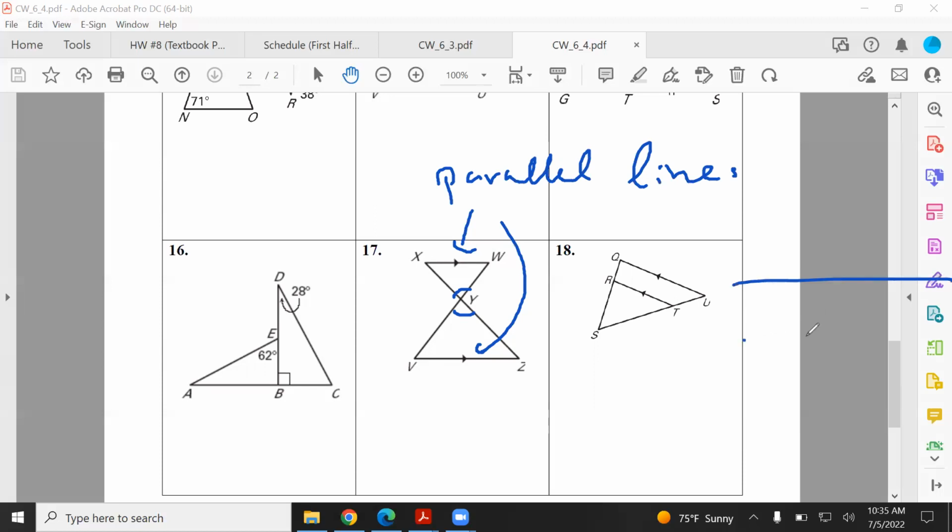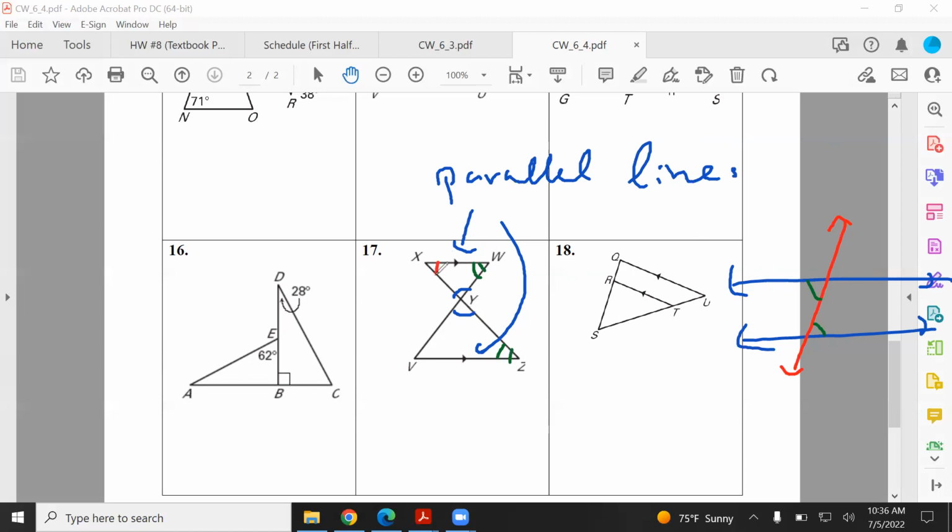So when you have parallel lines, those are going to be the same. Also, those are going to be the same. So that is the same as that.